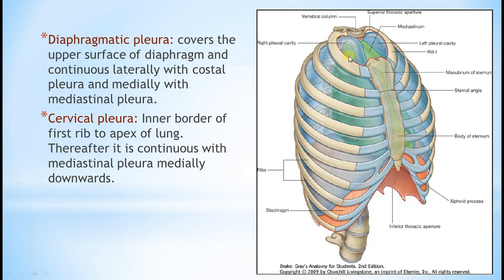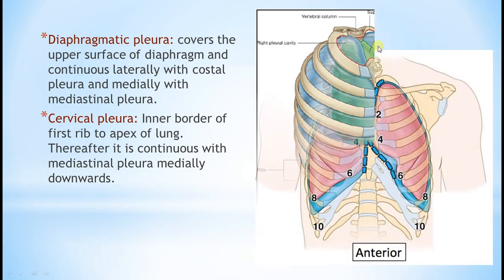So if you trace the cervical pleura, it is nothing but the upward continuation of the costal pleura. Then after covering the summit of the lung, medially it is continuous with the mediastinal pleura. Okay, from here if you proceed downwards medially, it is continuous as the mediastinal pleura.